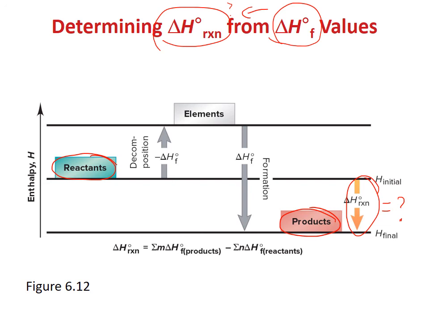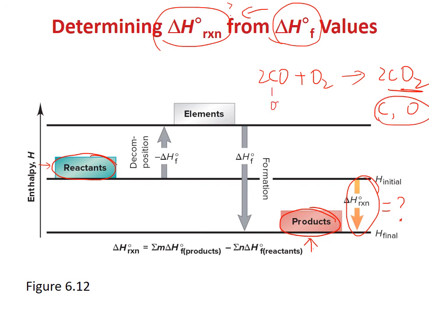Because products come from reactants, they should have the same elements. For example, carbon monoxide reacts with oxygen to form carbon dioxide. You can balance this one, and the product comes from elements carbon and oxygen, and the reactants also carbon and oxygen.